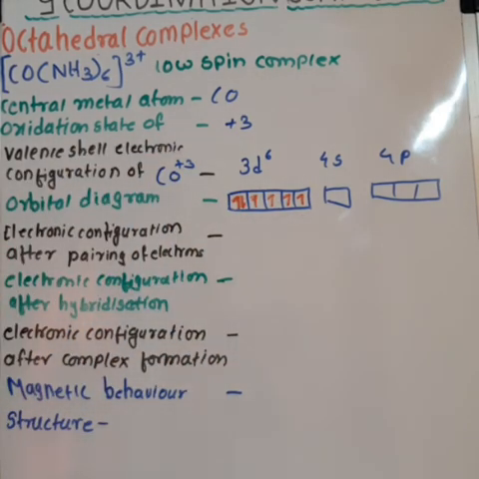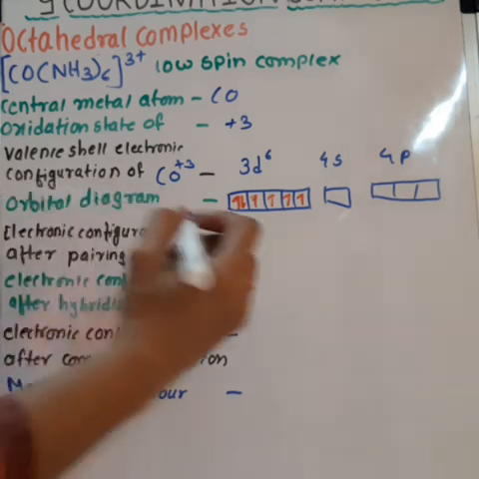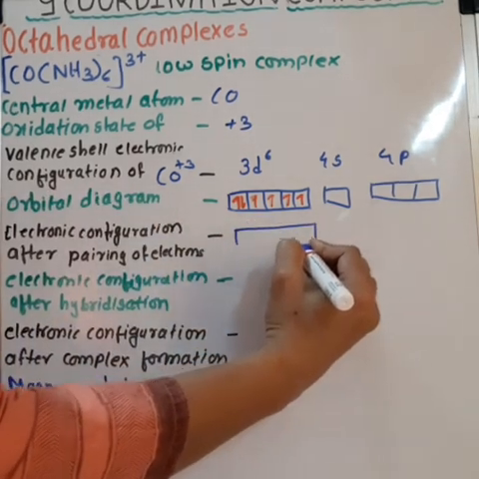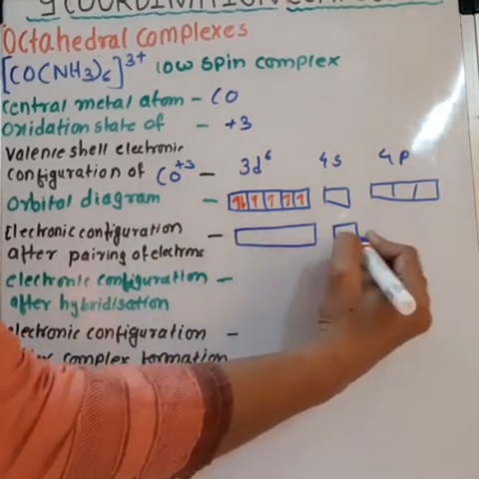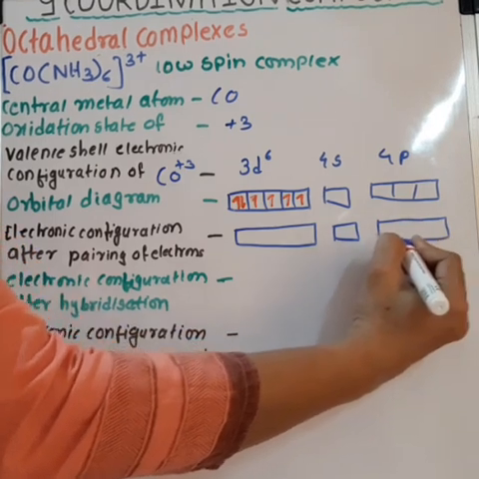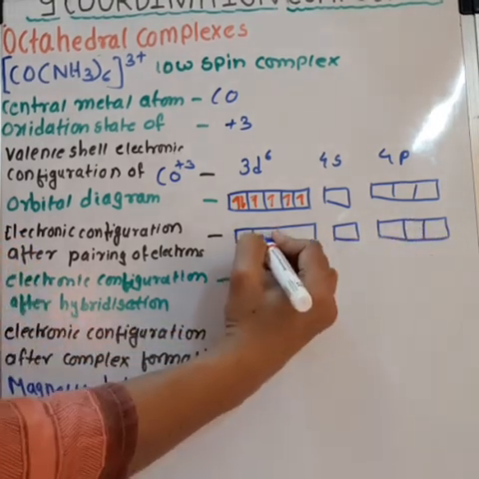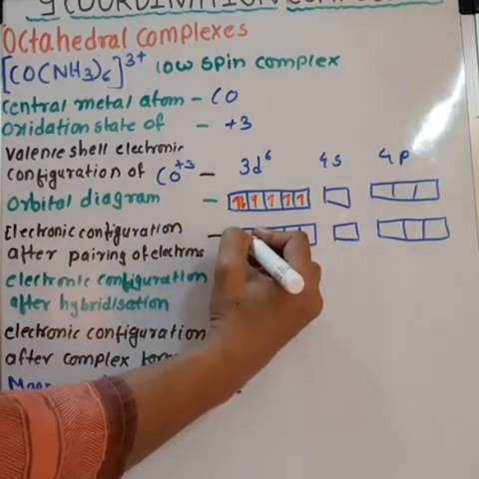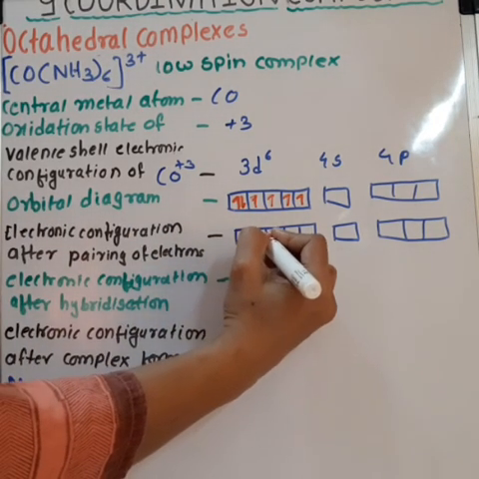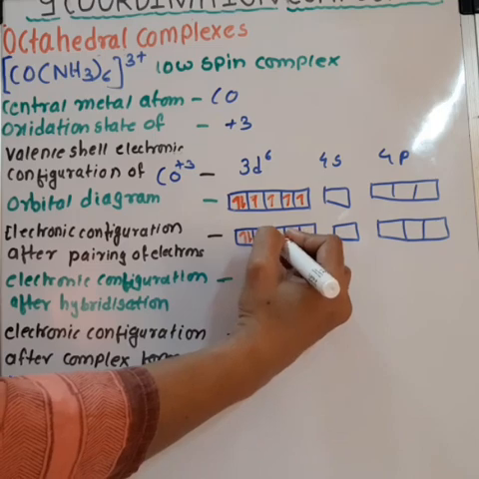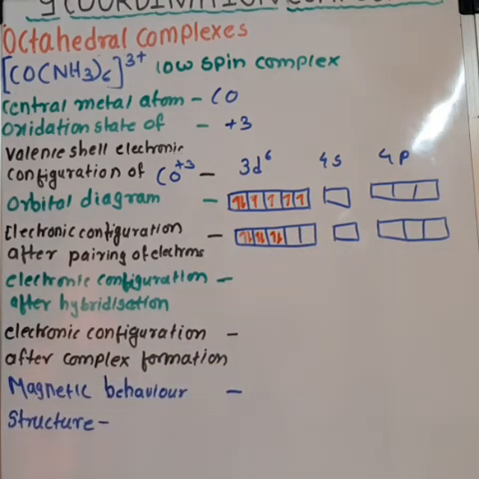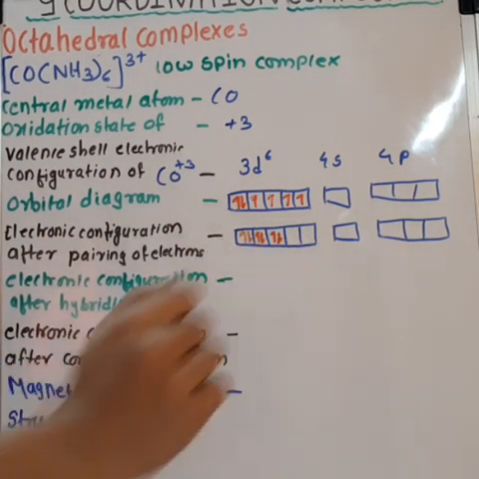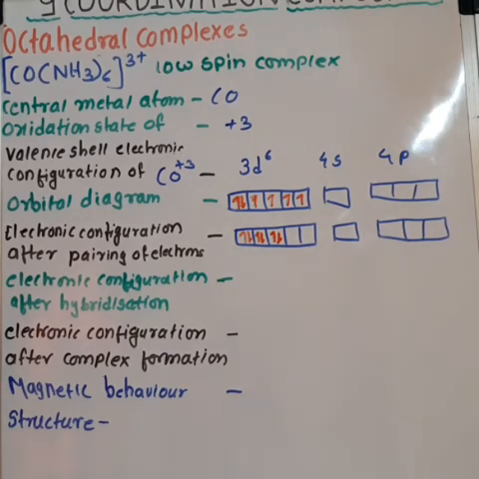So after pairing of electrons, the electronic configuration will be as shown. These electrons are forced to pair before hybridization so that the inner d orbitals will be available for hybridization.